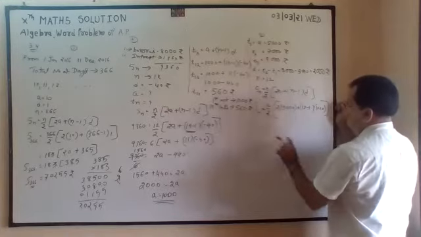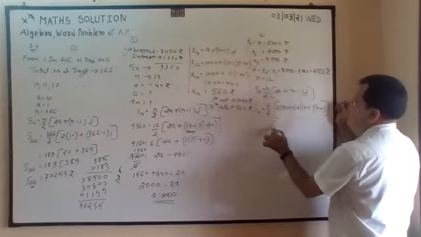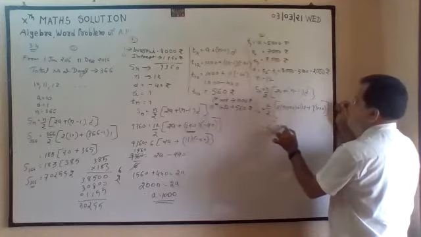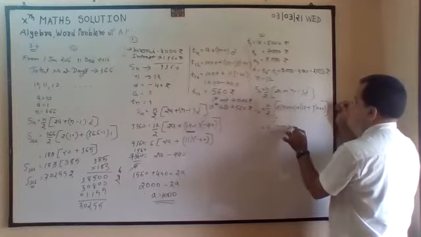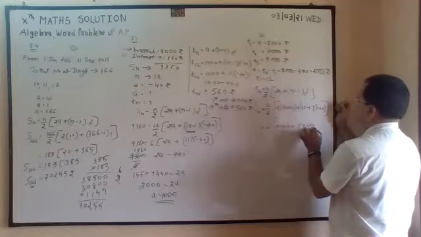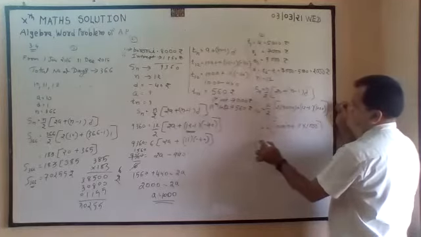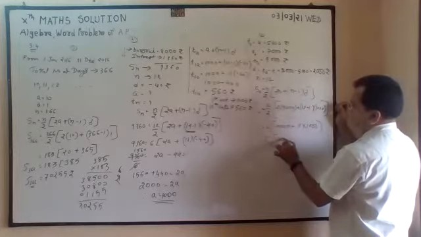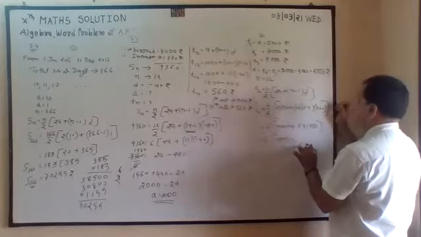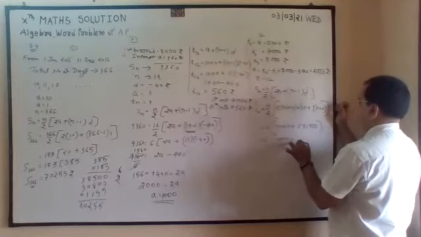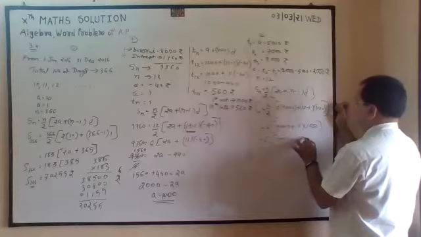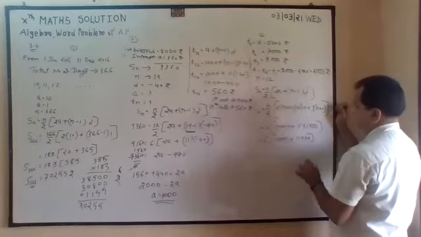So it is 6 into, double 5,000 is 10,000, plus 11 times 2,000, which is 22,000.